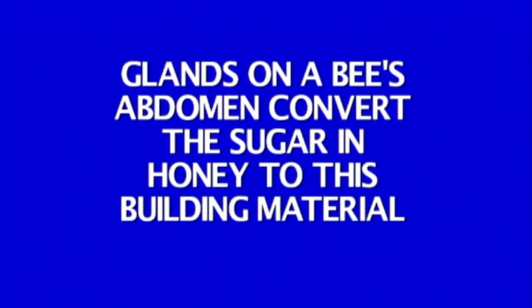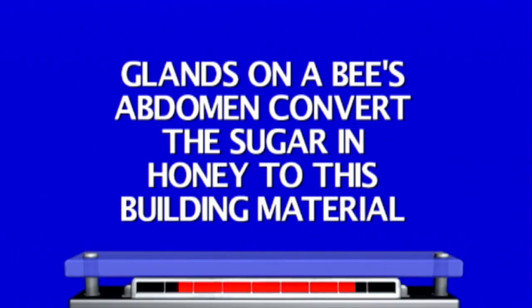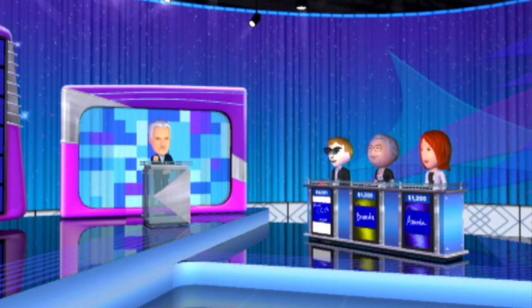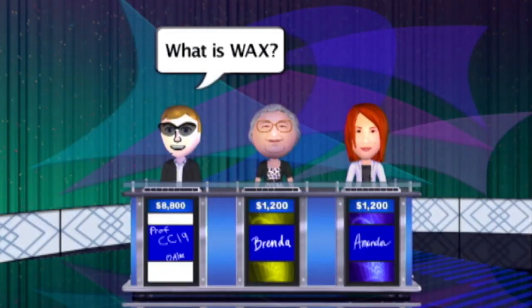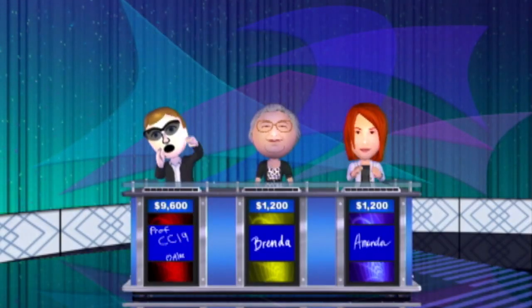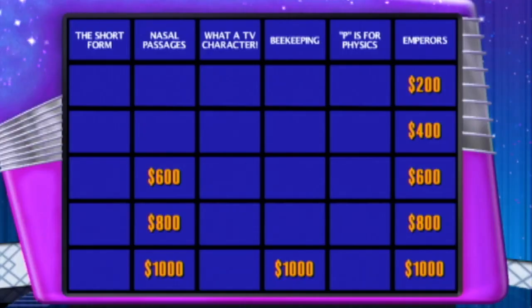Glands on a bee's abdomen convert the sugar in honey to this building material. Let's hear it, Player 1. That's right. Way to go. Please pick again, Player 1.